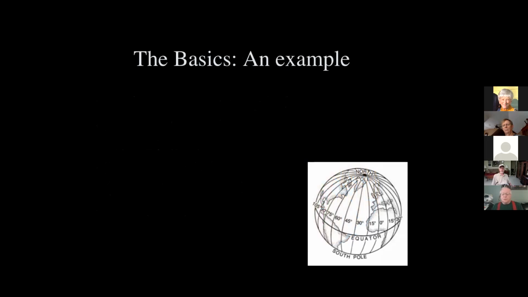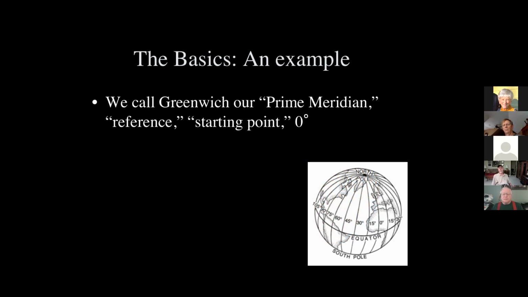So we call Greenwich the prime meridian. It is the reference point, the starting point, the 0 degree point. We could pick any place we wanted. But of course, because it was Britain who was doing this, they picked the Royal Observatory at Greenwich, which is outside of London. And they said, that's going to be what we're going to call 0.